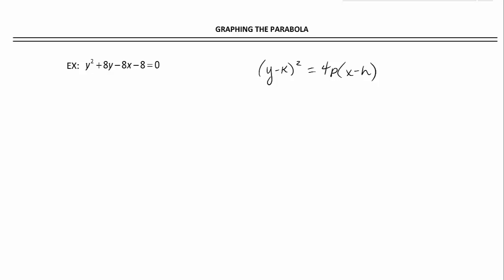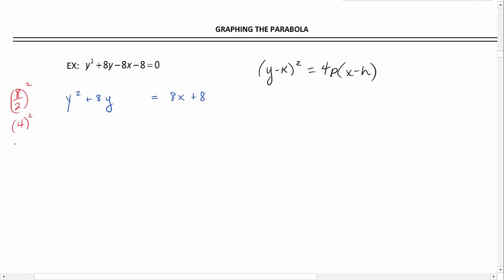So we're going to keep our y terms on the left, leave a little space, and then I'm going to put all the other terms on the right, 8x plus 8. And we need to complete the square for the y. So we'll take its b value, divide it by 2, and square it. So 4 squared, we get 16.